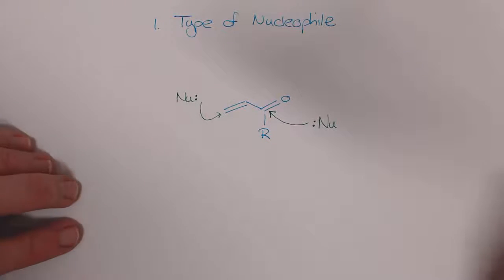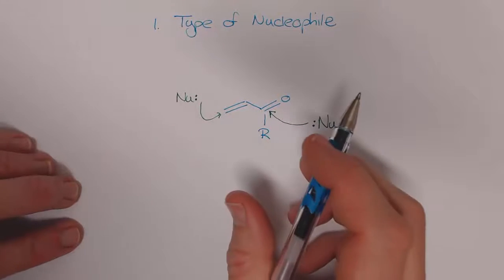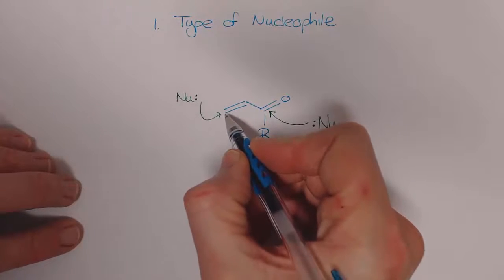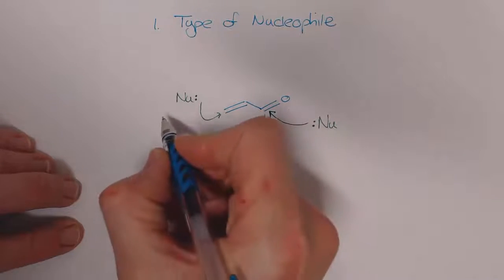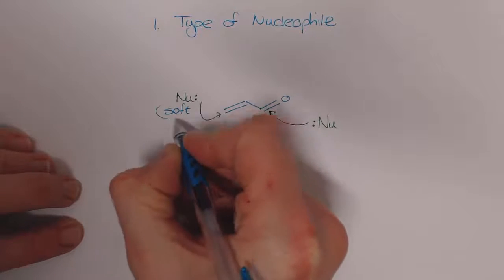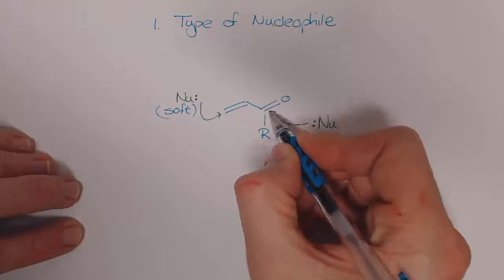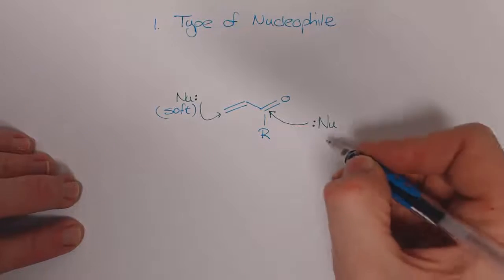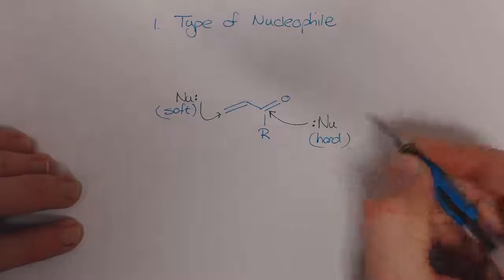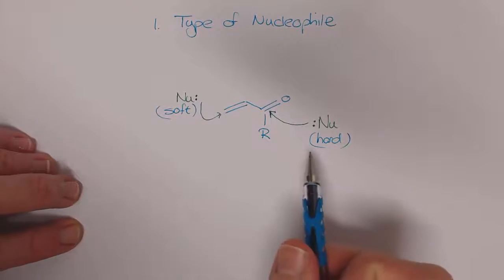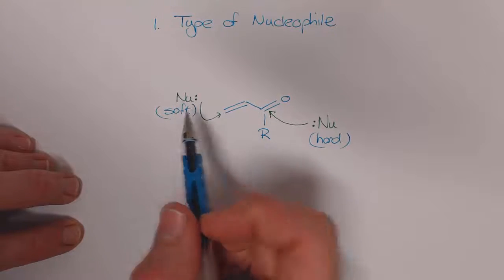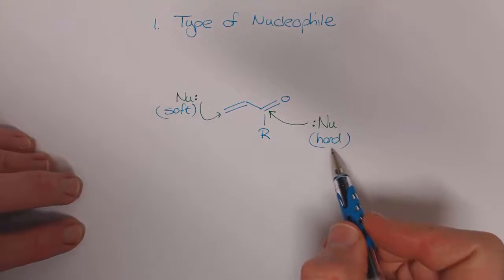Why it is difficult is that in a very simple sense, and I'll have to explain this a bit more, in a very simple sense, adding in a 1,4 addition is with nucleophiles that are soft, and adding to the carbon that's a carbonyl, nucleophiles do this, which are known as hard. And that's where the difficulty comes, is knowing whether we have a soft nucleophile or a hard nucleophile.